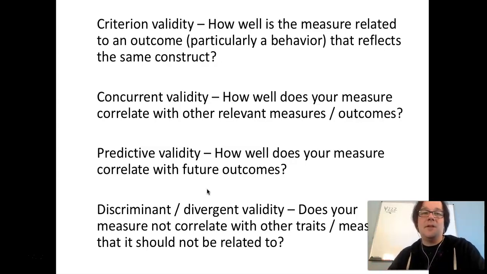So if I'm developing, say, a new scale on sexism, I would probably, while I'm testing this scale, include some measures of older sexism scales or other types of sexism scales, but I would likely throw in some racism scales in there as well.